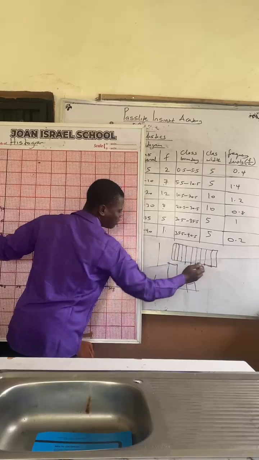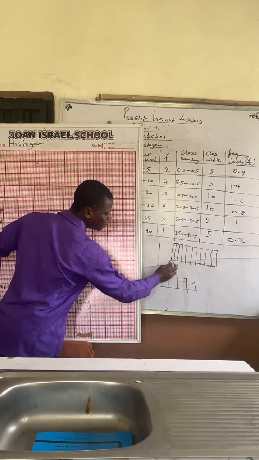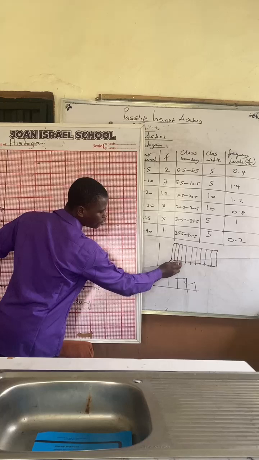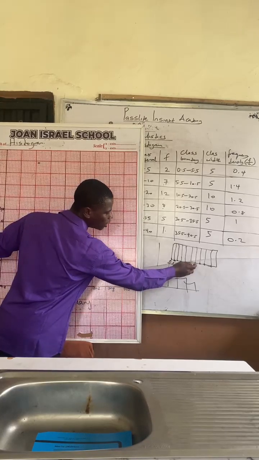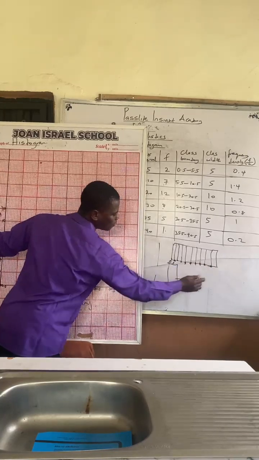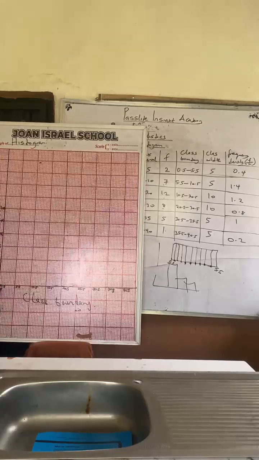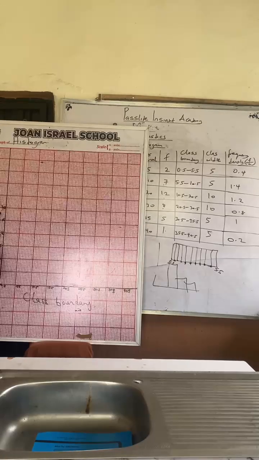So this is how we used to have it. So in here, it is 0.5. Here is 1, 1.5, 2, 2.5, 3, 3.5, 4, 4.5, 5, 5.5. So our interval is reading from 0.5 to 5.5 from the explanations on the graph.